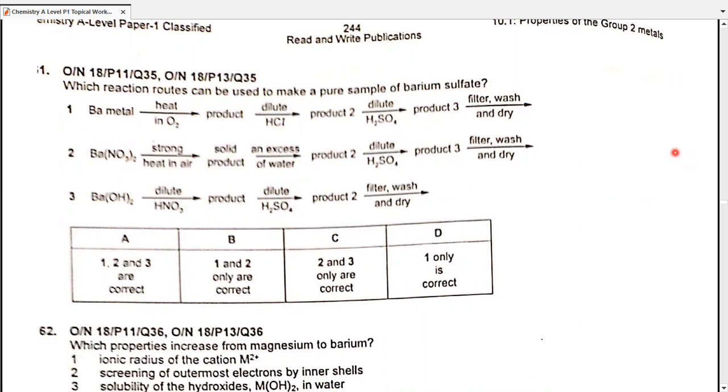Then barium nitrate, heat and strong air, solid product, barium oxide; then with excess water, barium hydroxide, and then dilute acid, barium sulfate. Filter, wash as well. And then barium hydroxide, dilute HNO3, product; dilute H2SO4, product 2.